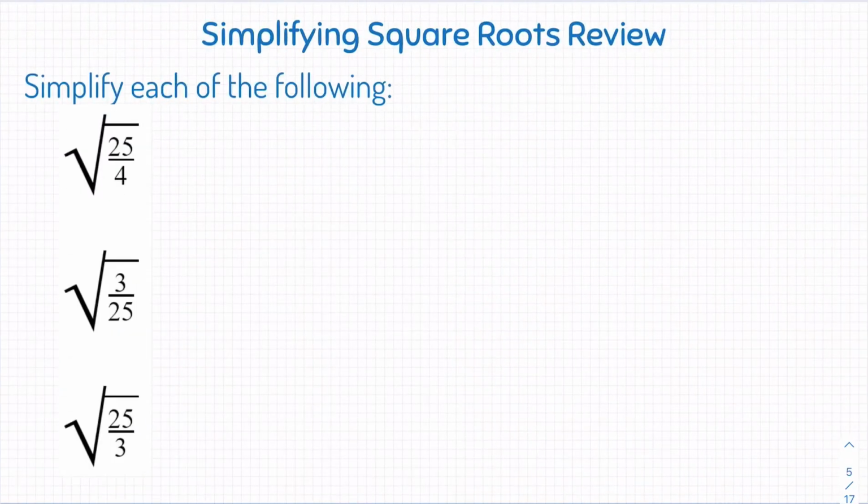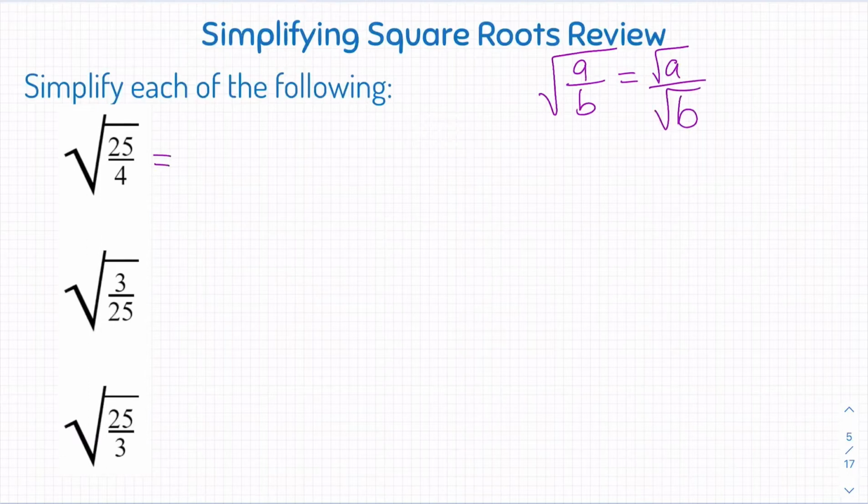We didn't review this at the beginning of the year. It wasn't really necessary for the work we were doing, but you can simplify a square root if you have a fraction within it. If you have the square root of a over b, it's simply the square root of a over the square root of b. In this case, the square root of 25 over the square root of 4 is 5 over 2.